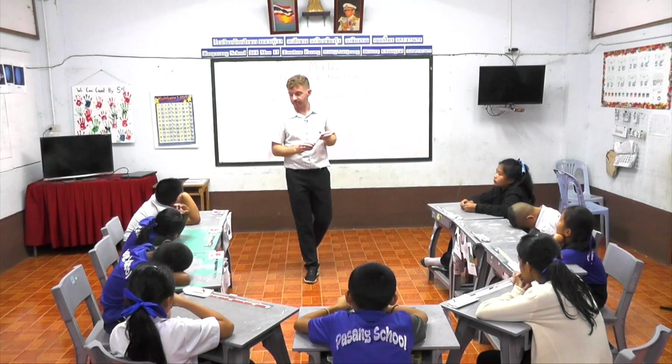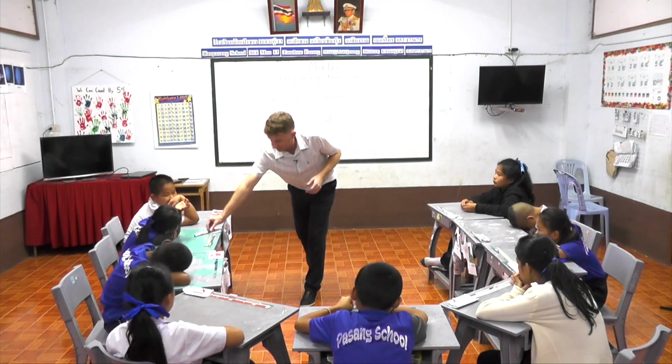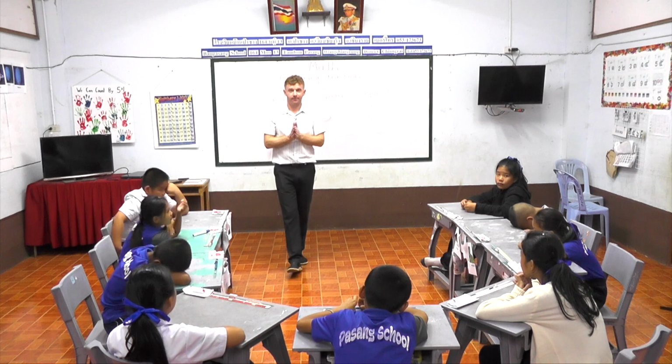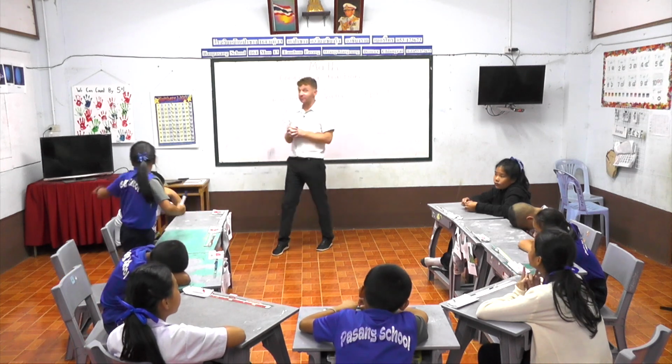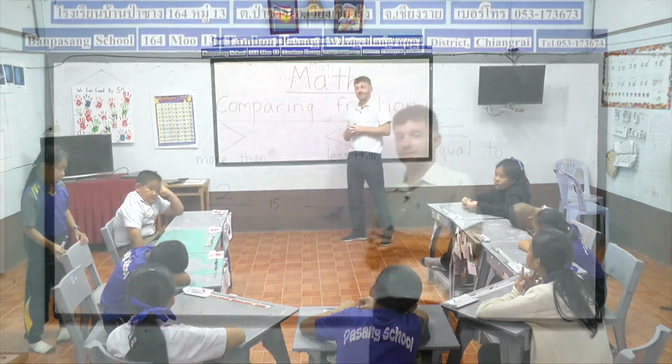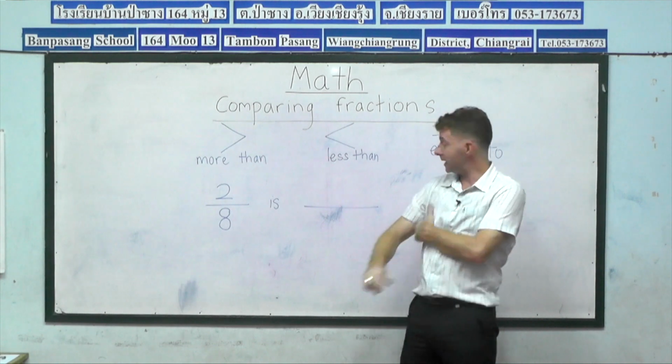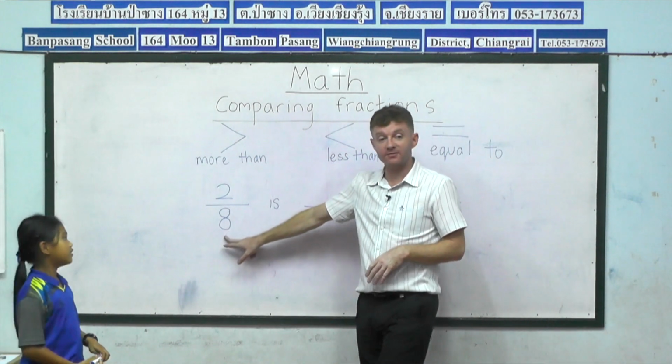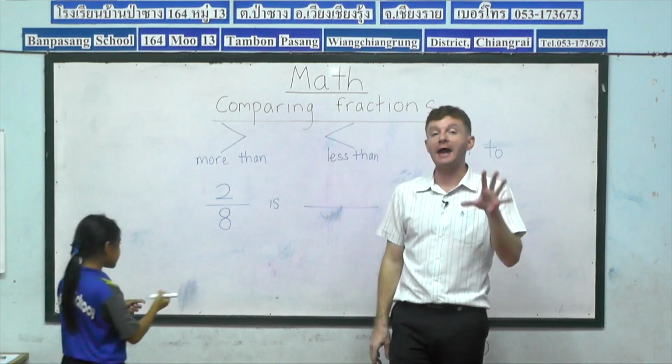Okay, and this time, Pak Bung, you can work it out for me. So bring your marker pen to the front. And the first circle, how many parts will we need for our first circle? 2/8, so 8 parts.